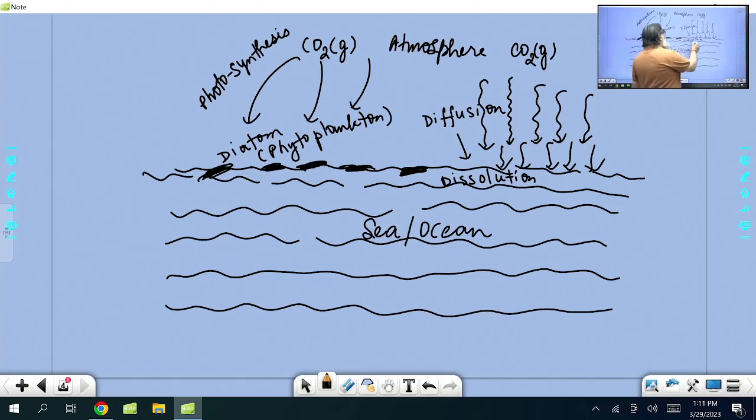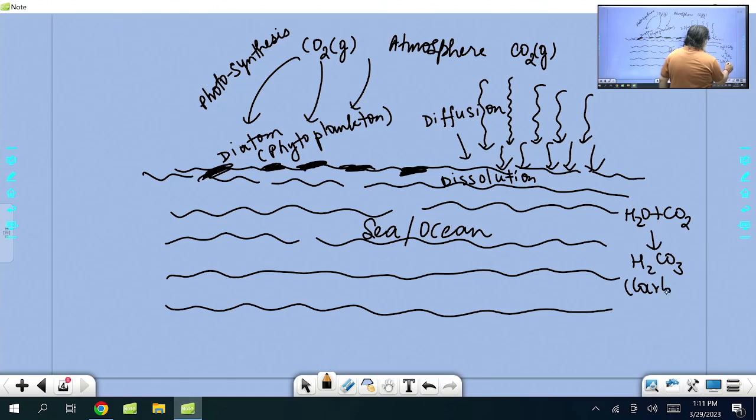When it dissolves with the water, do you know what happens? I'll write it here. When water reacts with carbon dioxide gas, it will form carbonic acid. This is called carbonic acid. So when CO2 dissolves with seawater, H2O, it forms carbonic acid.